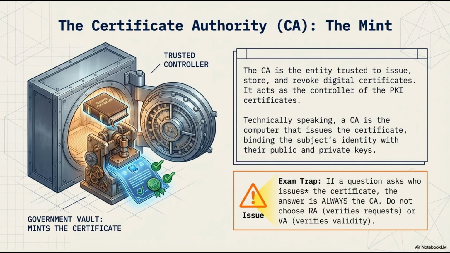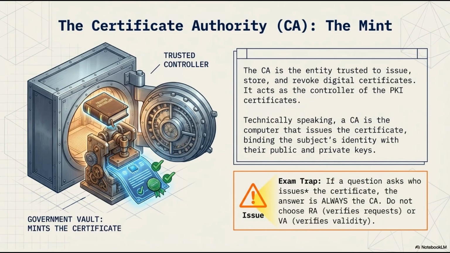Technically speaking, the CA is the specific computer or server that issues the certificate. And mathematically, what is it doing? Mathematically, it's taking the subject's verified identity and permanently binding it to their specific public and private cryptographic keys. So it's locking them together. Right. It creates this undeniable link between who they are and the mathematical keys they'll use to encrypt their data.